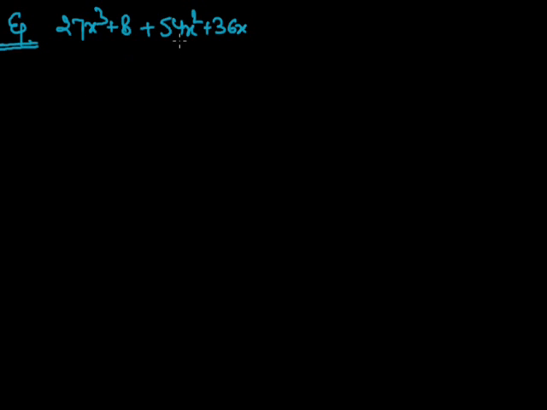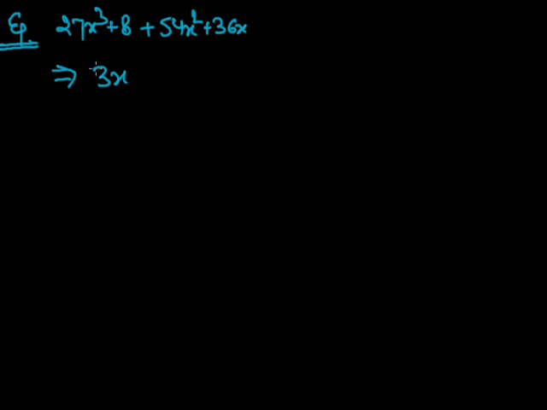Which identity will be used? As we have studied all the 10 identities, from those we can see that there are 4 terms. We have studied a plus b whole cube, which has 4 terms, so it may be a plus b whole cube. Let's check whether it is a plus b whole cube or not.